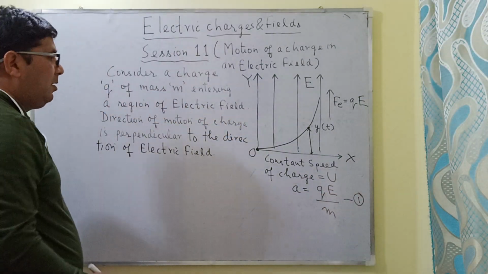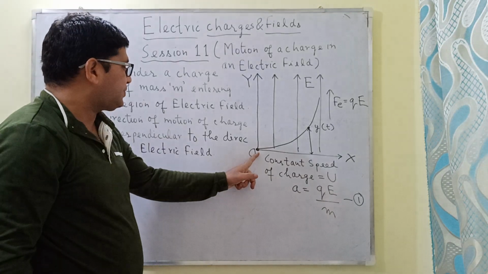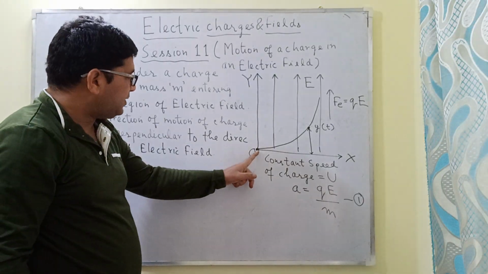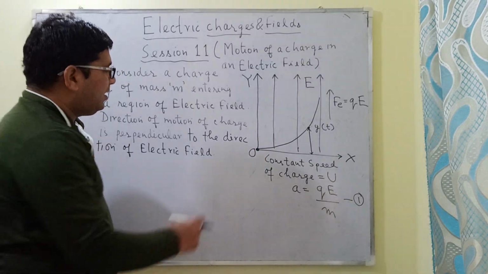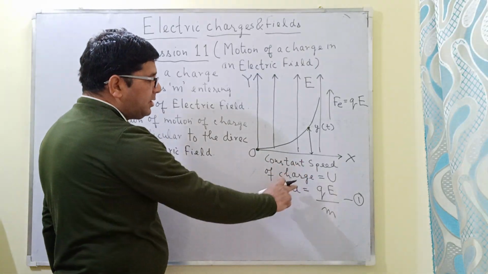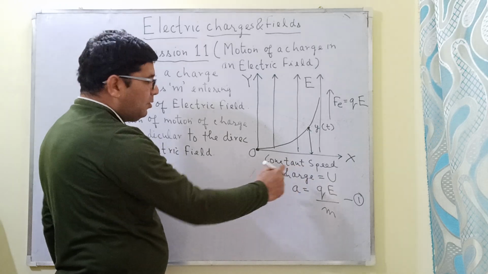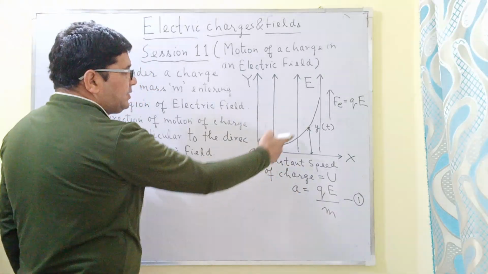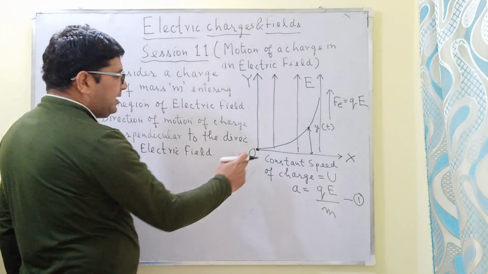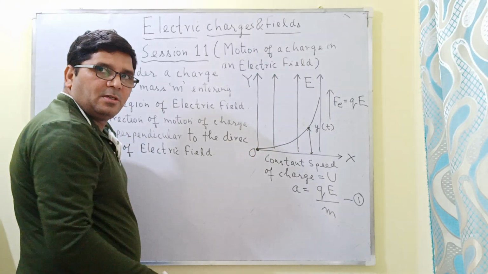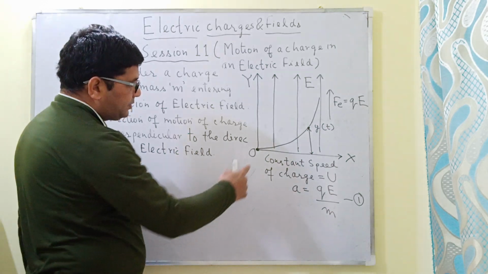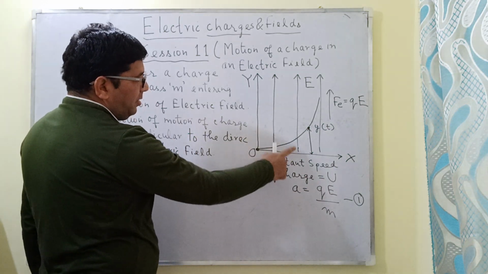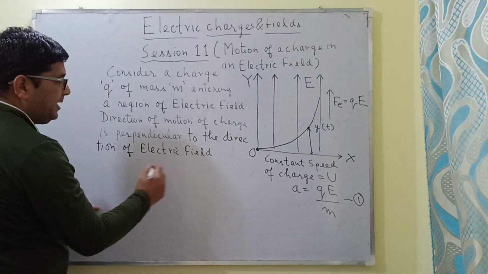Now, when this charge enters this point O, at this point this charge has a horizontal constant speed of u, but its vertical component is 0. But when it enters this region of electric field, it will gain some vertical component of speed.